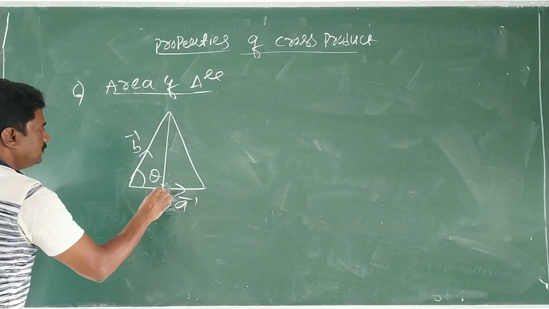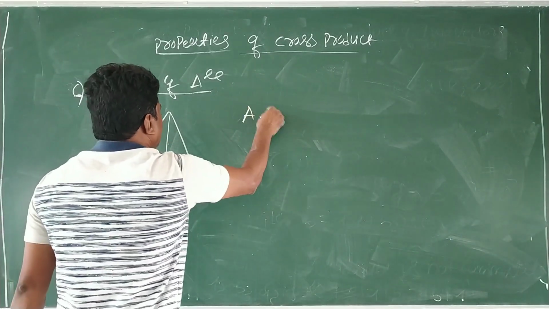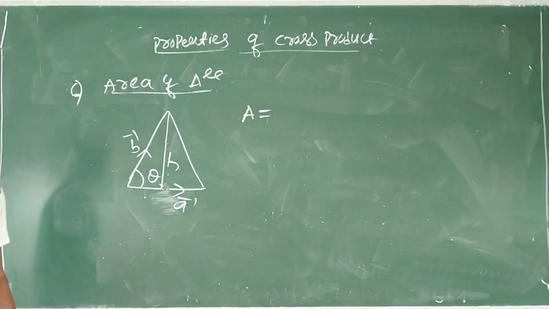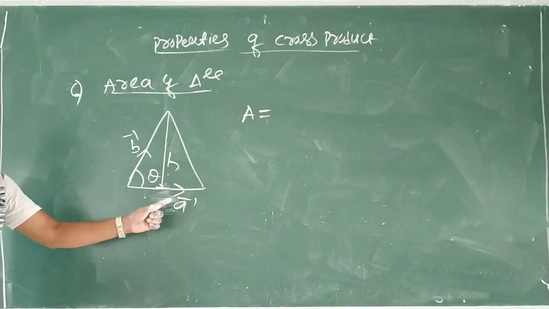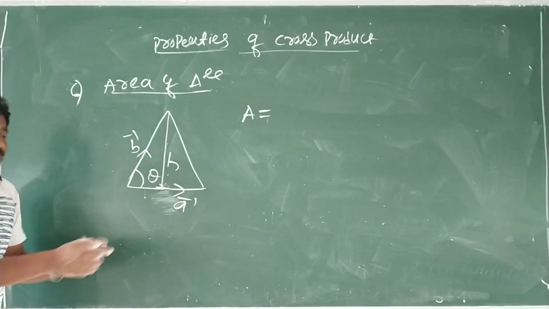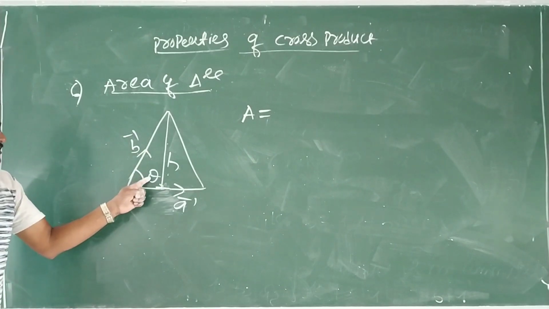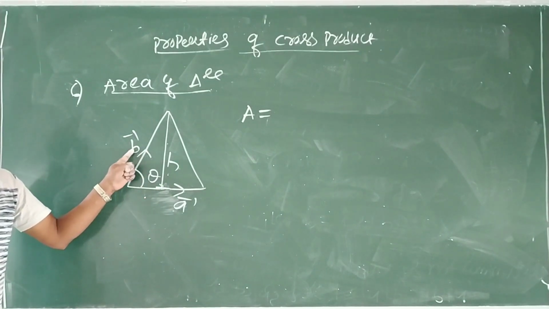I am taking this side as vector A, this side as vector B. What is theta? The angle between vector A and vector B.